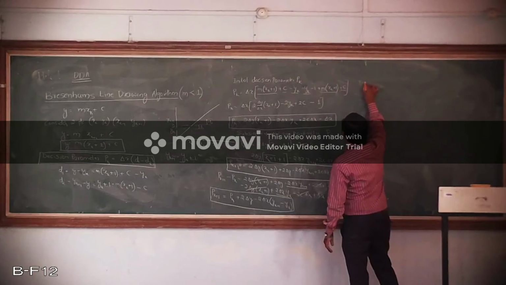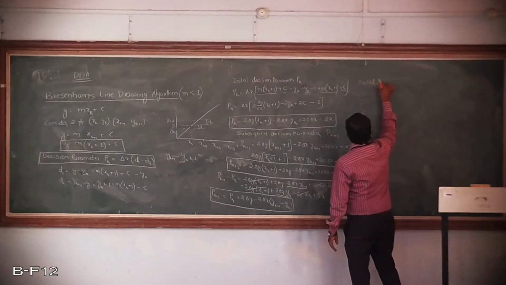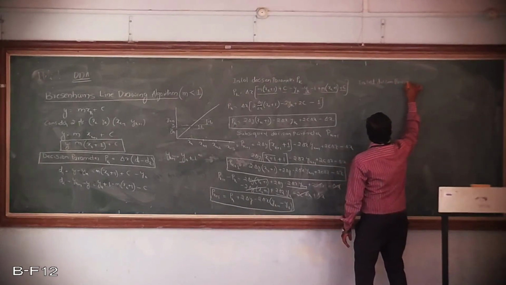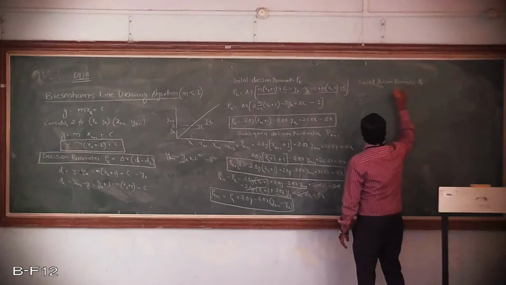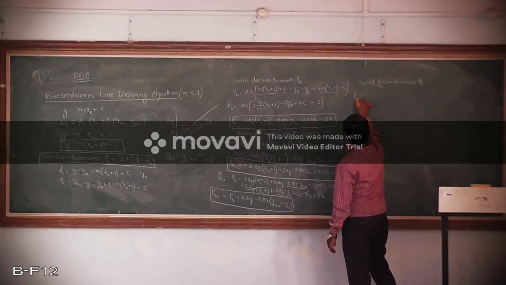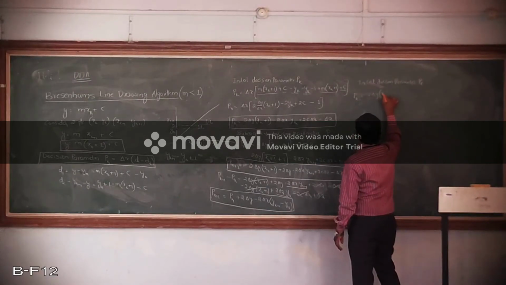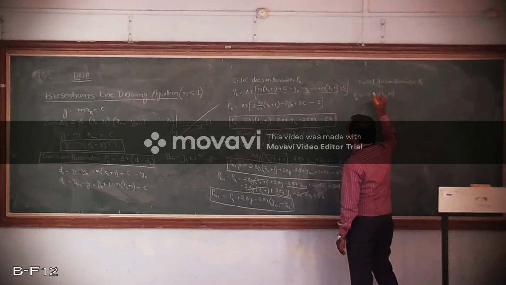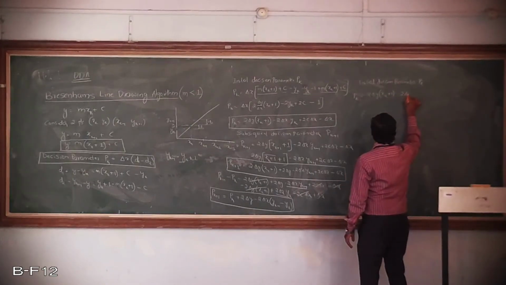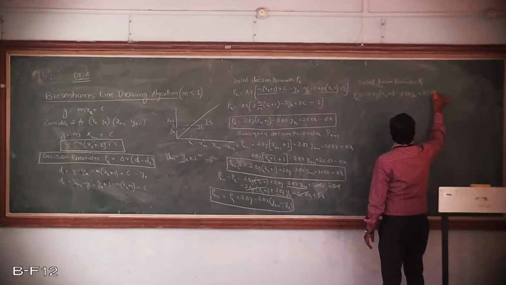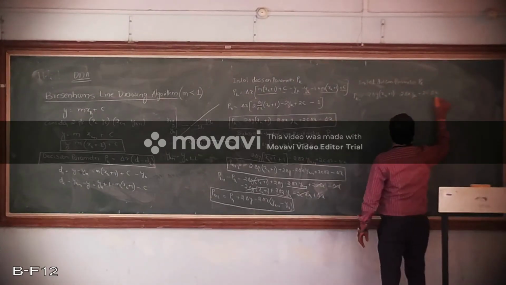Initial decision parameter pk is equal to 2 delta y into xk plus 1 minus 2 delta x yk plus 2c delta x minus delta x. I have rewritten the same equation.